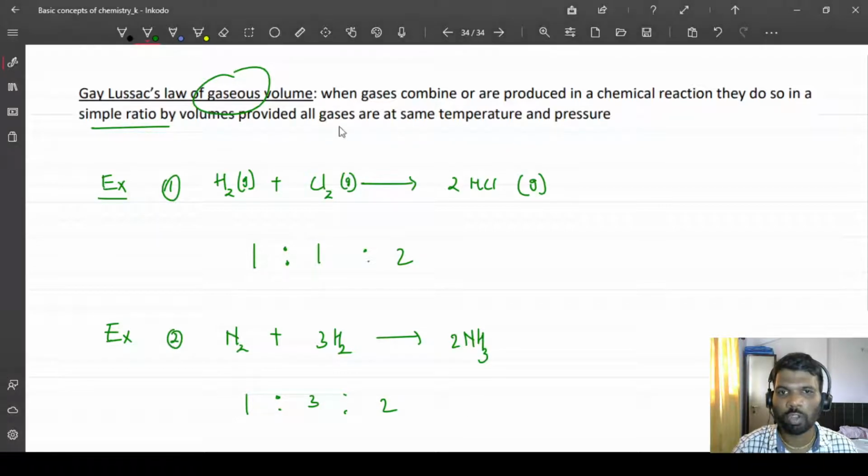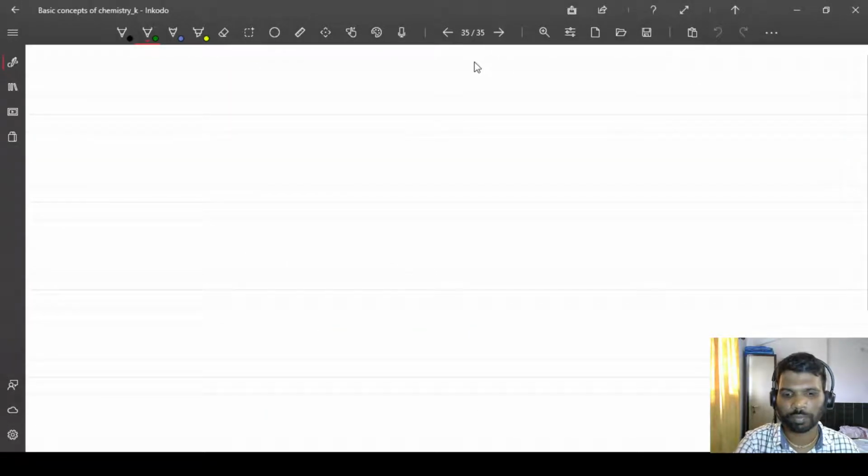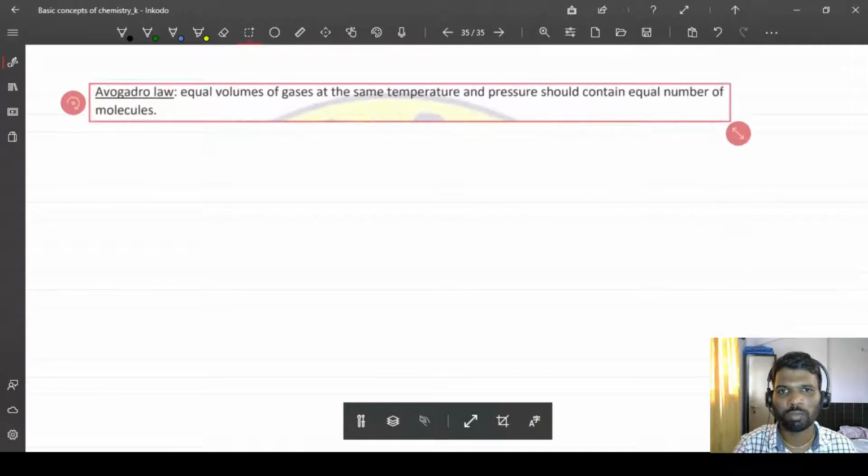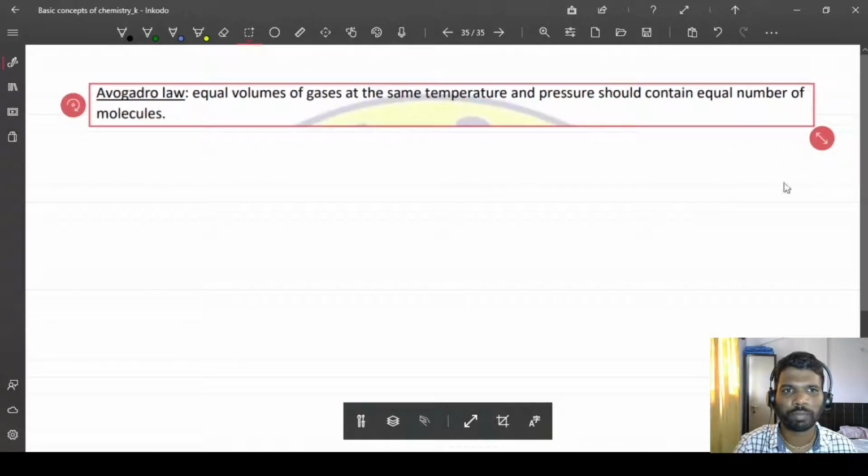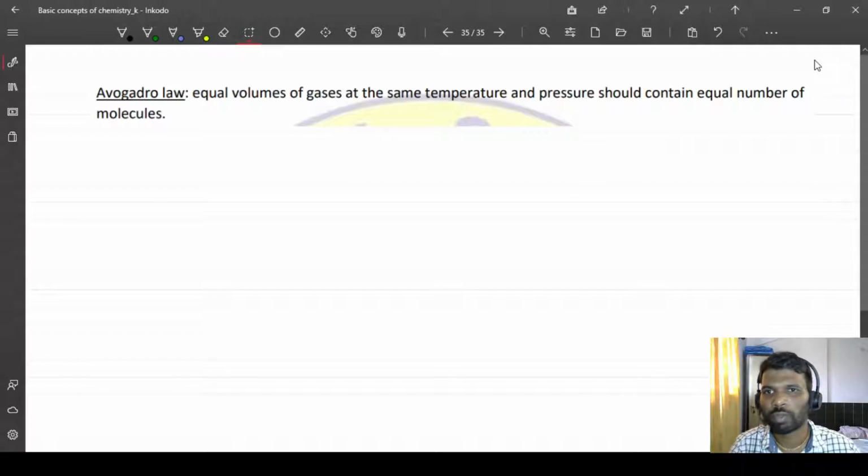Next, the fifth law is Avogadro's law. We have learned this in the relationship between mole and volume, right? What it says is that equal volumes of gases at the same temperature and pressure contain an equal number of moles.